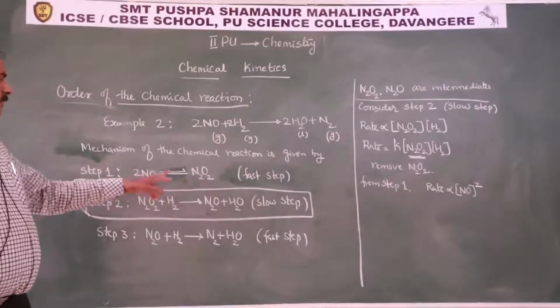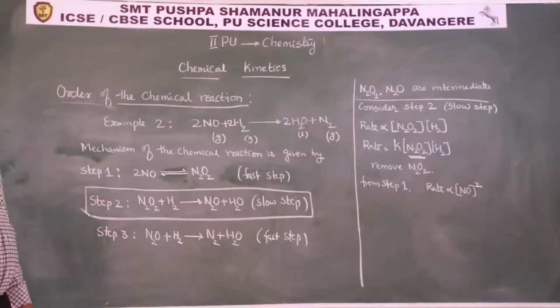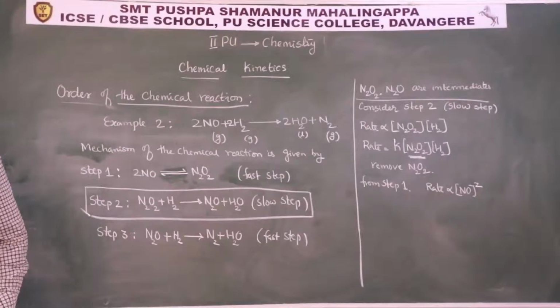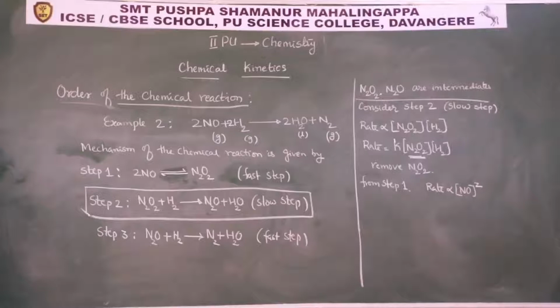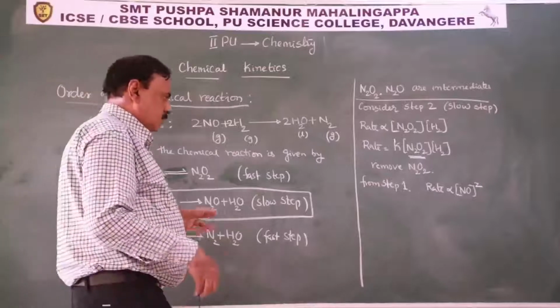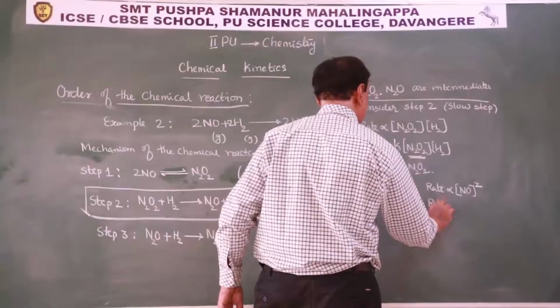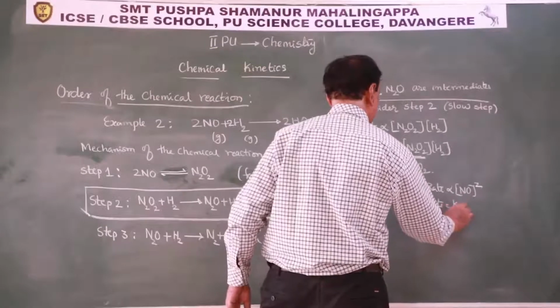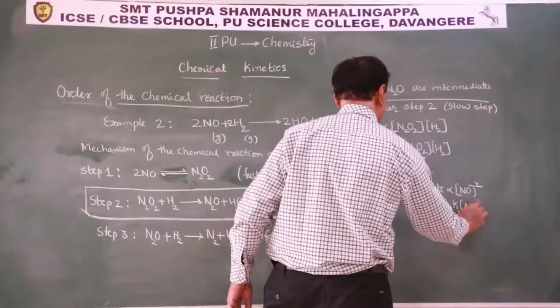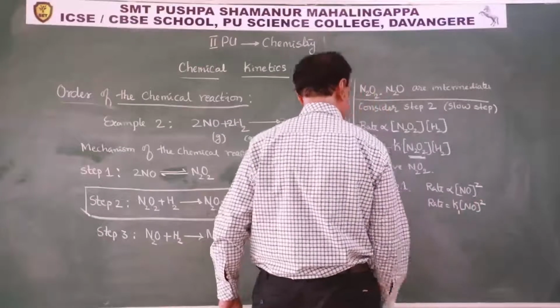Now this is in equilibrium with N2O2. Suppose the forward rate is equal to K1 into NO whole square.